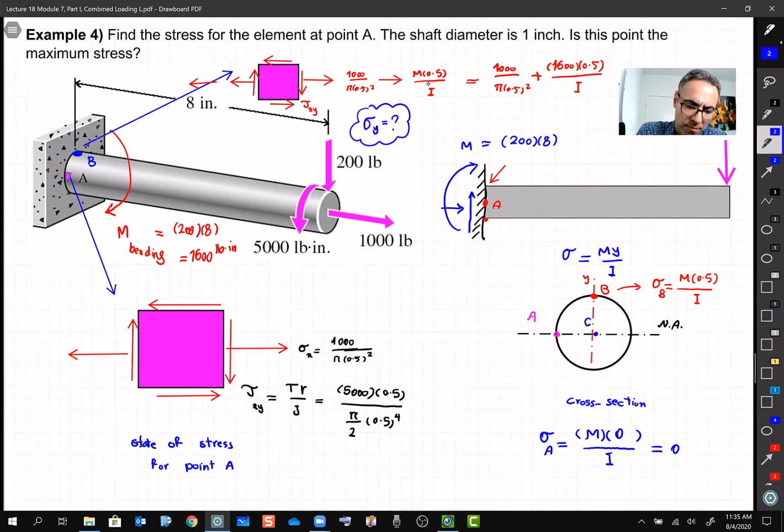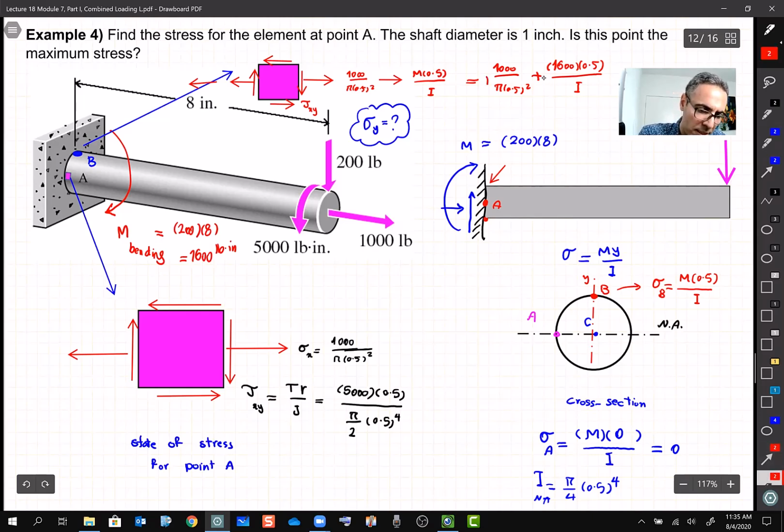I for this guy about the neutral axis is pi over 4 radius to the power of 4. Right, guys? Do you agree on this one? This one is positive because it's tension. And this one, we just found it positive. We just add them together. So as you can see, for this element at B, the shearing stress is the same as A, but the axial stress on X is bigger.